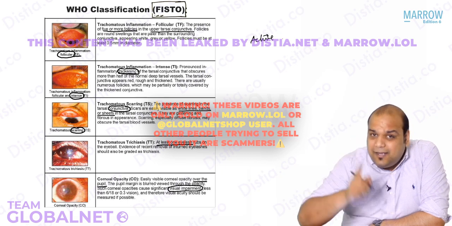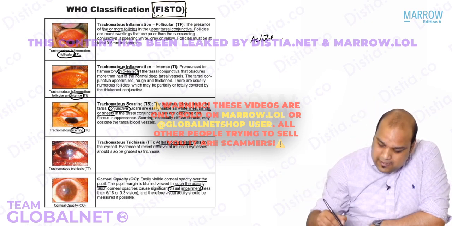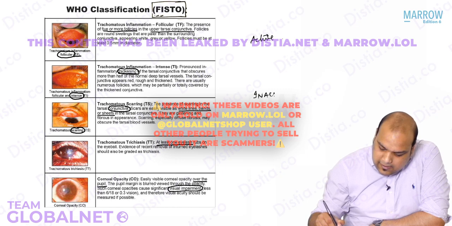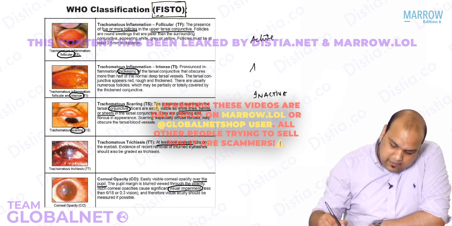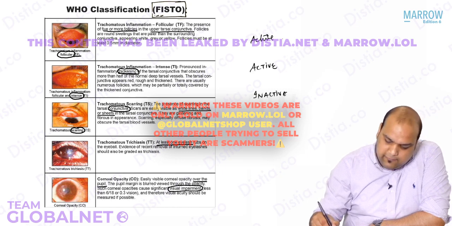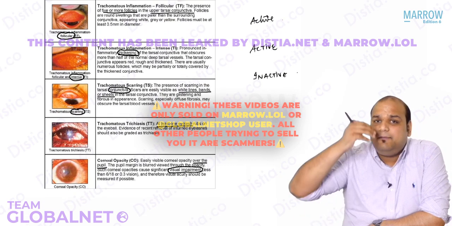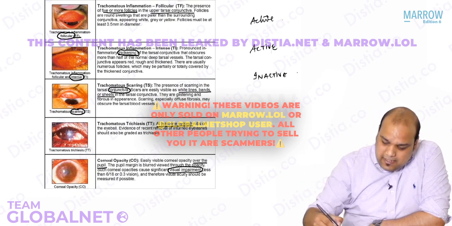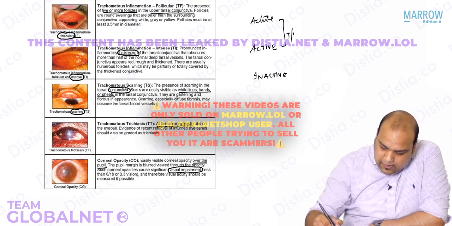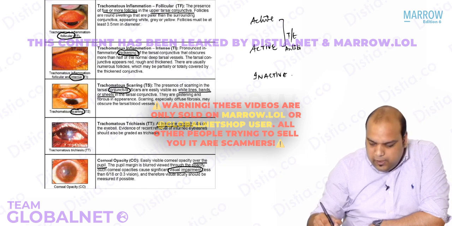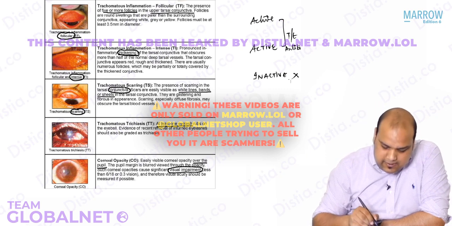Am I clear to everybody? This we say now is the inactive stage. The first two stages were active. I hope you understand. Follicles were forming in the first stage. Then the inflammation was getting intense. Active stages. So in both the stages, we need to do treatment by antibiotic. Here we don't need any treatment because it is the inactive stage.